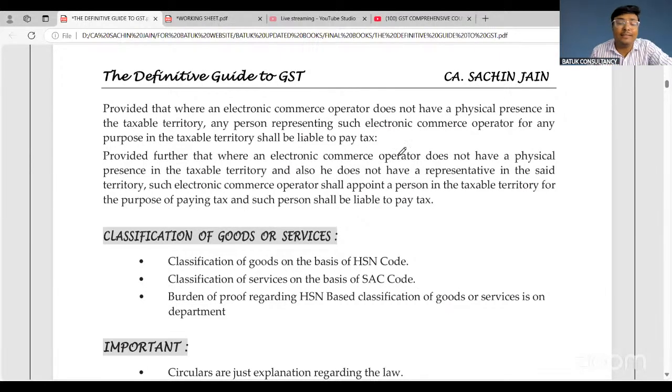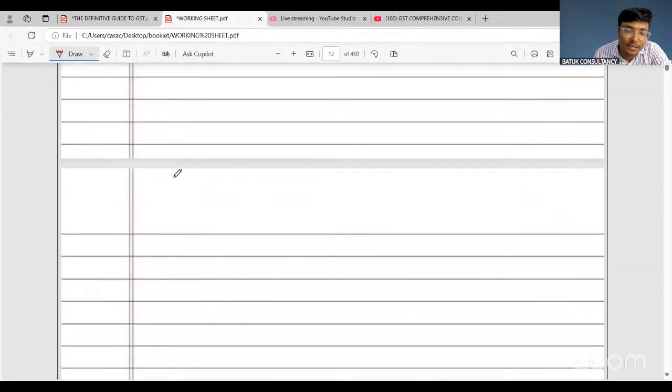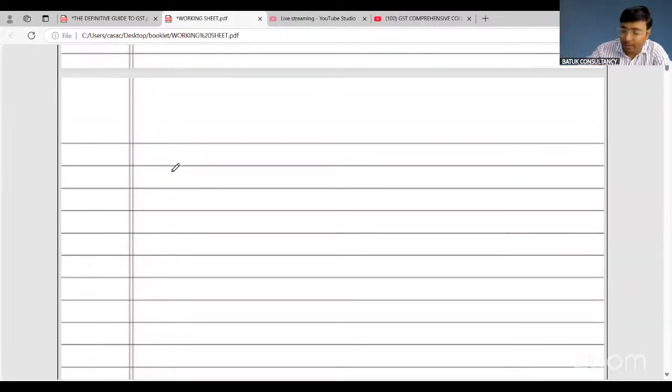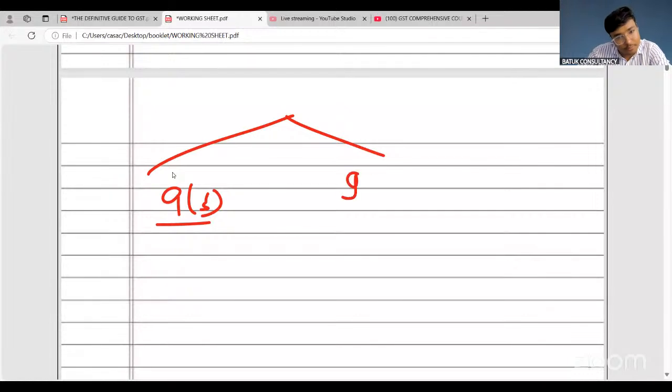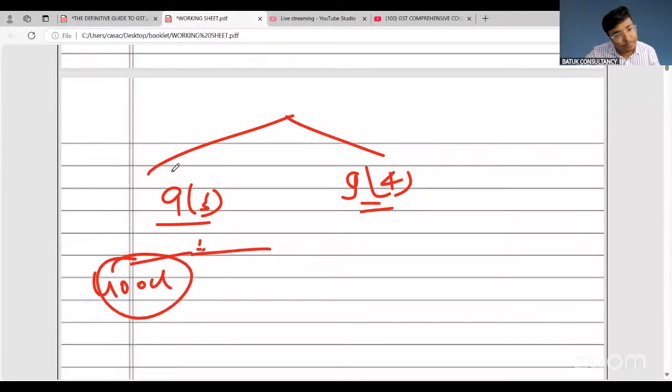Sir, section number 9(3) and 9(4), just try to understand. Section number 9, subsection 3. In this particular section, government has provided a list of goods and services.